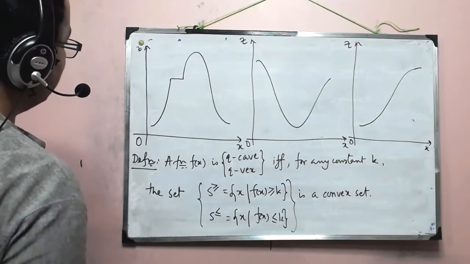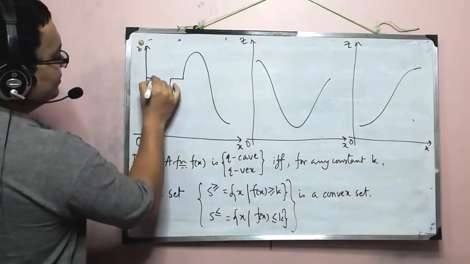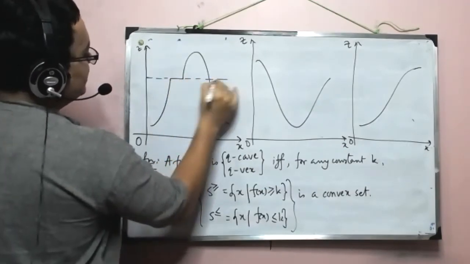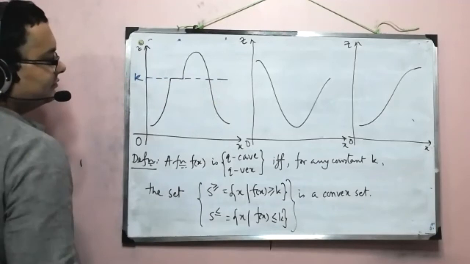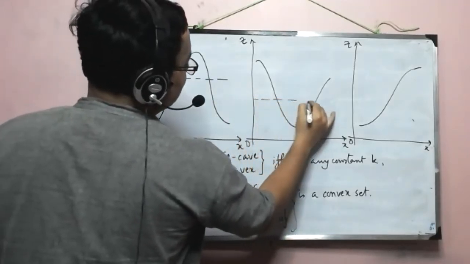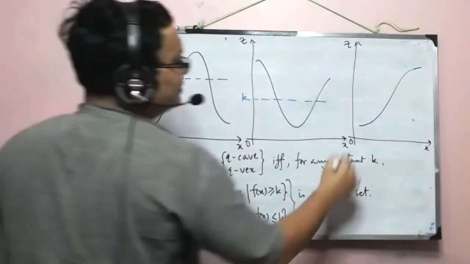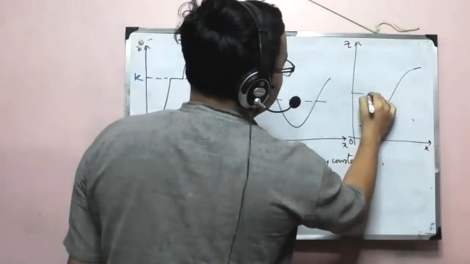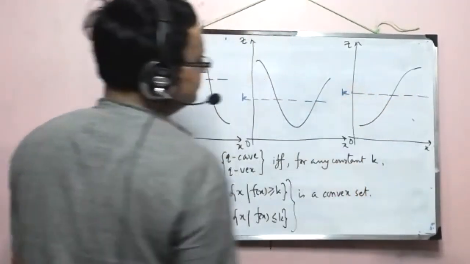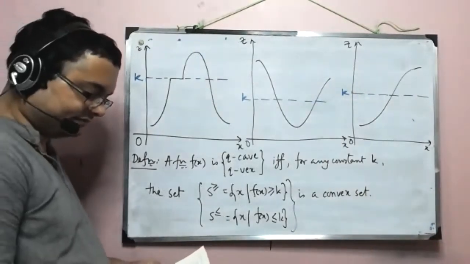So let's fix some k. Let's say this here is our k, this here is our k, and this here is our k. Okay, that's fine.